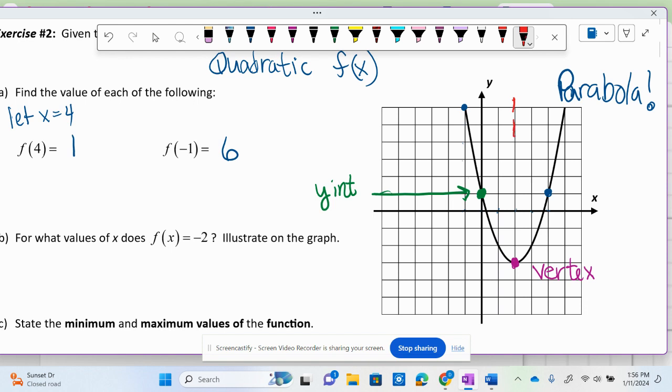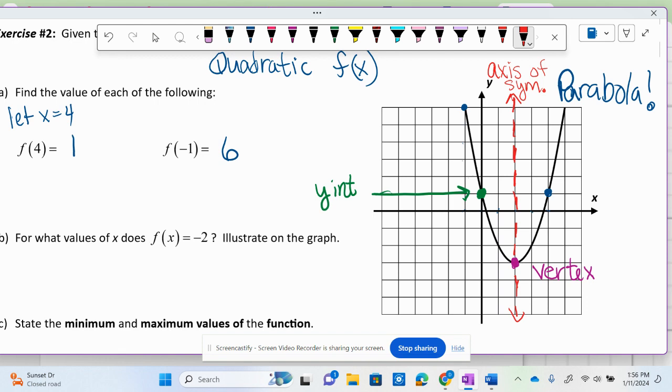So I'm going to draw a little dashed line right here. I just want to remind you guys about what you know from Math 1. This line is called the axis. Good job. Axis of symmetry. This is my axis of symmetry.